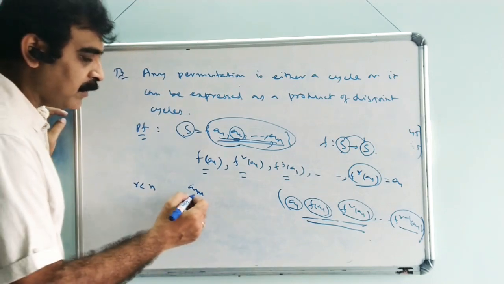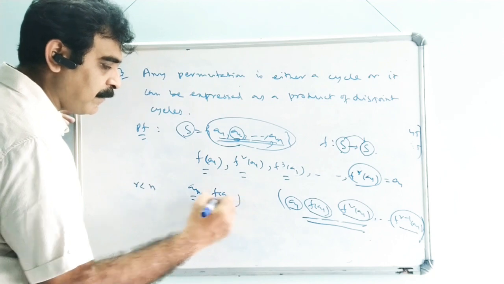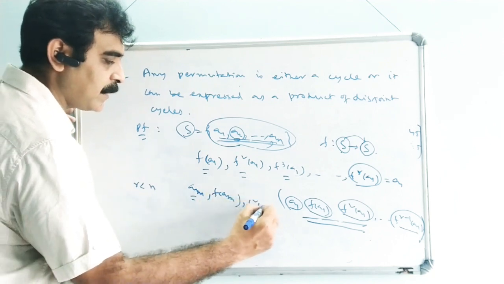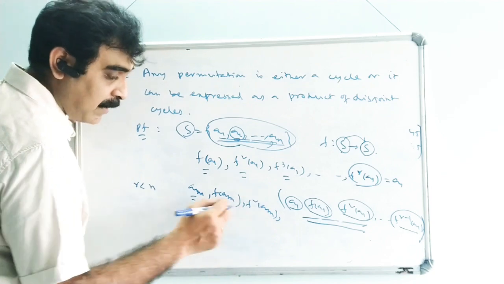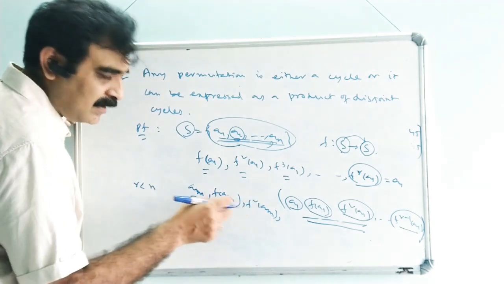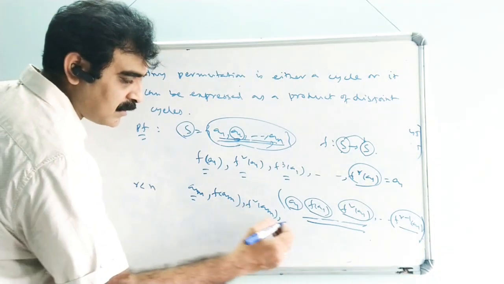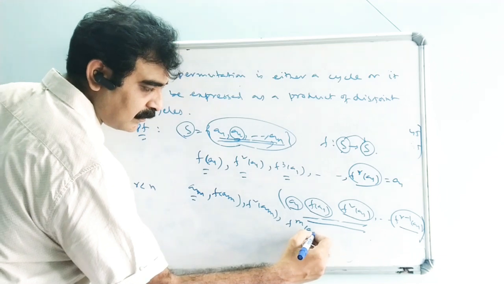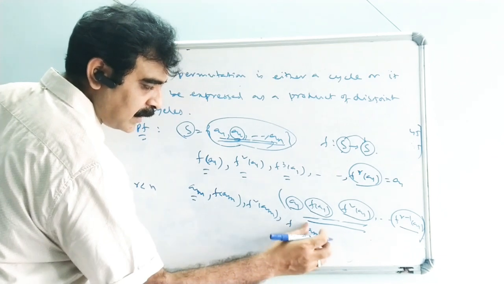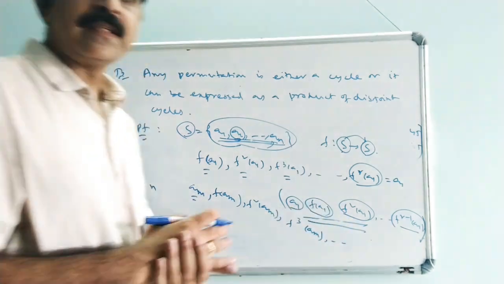Then we begin from AM now. Now we calculate F of AM, F square AM. In this way, if AM comes in any step, then a cycle will be completed. If AM does not come, then we compute F square AM, F cube AM, and we continue this process.